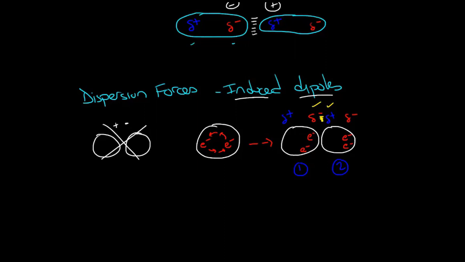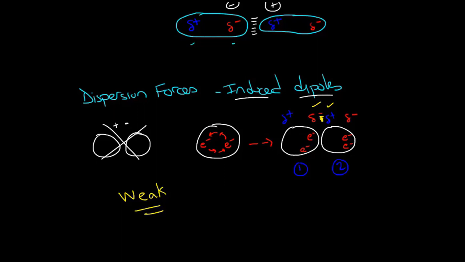These are known as London dispersion forces or induced dipoles, and they're weak. Each dispersion force, compared to a single dipole-dipole or a single ion-ion interaction, is very weak. However, collectively they can be really strong.